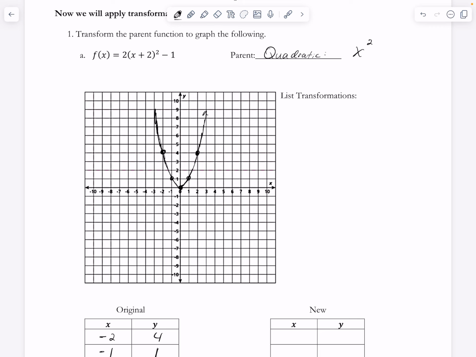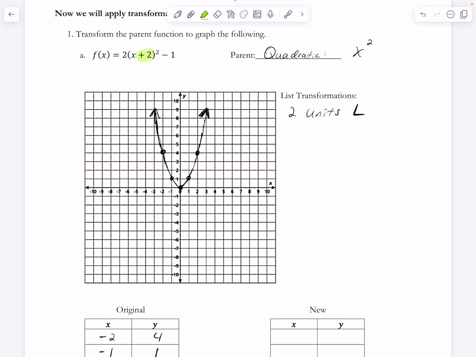The first thing I notice is that we have a transformation inside parentheses. You should know that is a horizontal transformation, so we're going to be moving 2 units to the left because of that inside the parentheses.